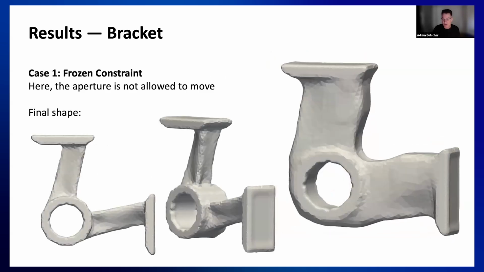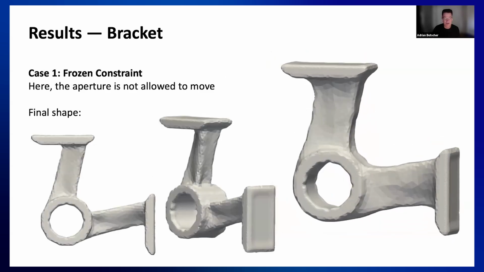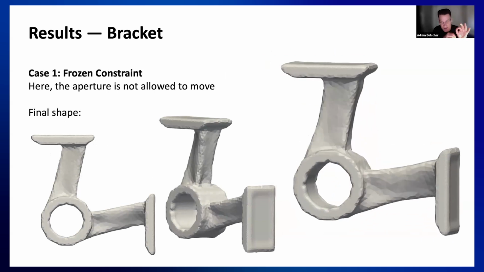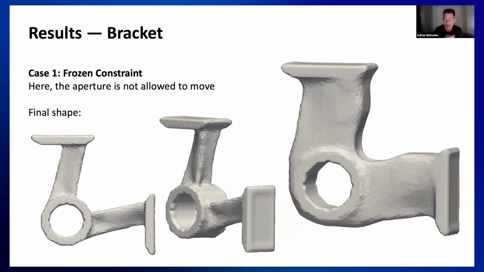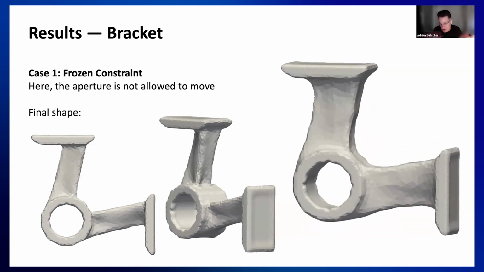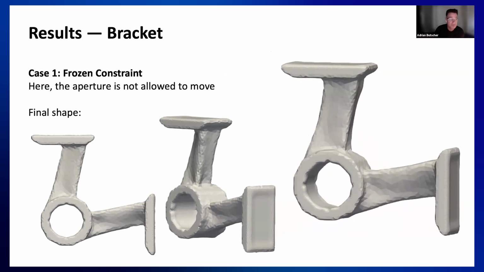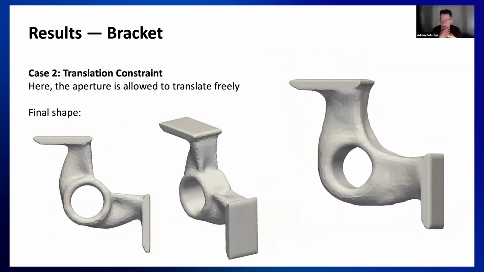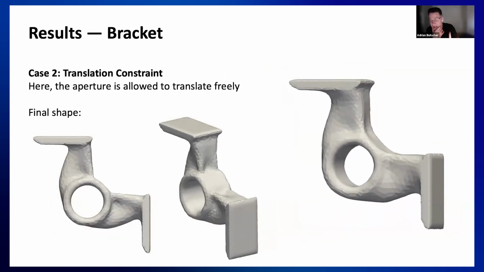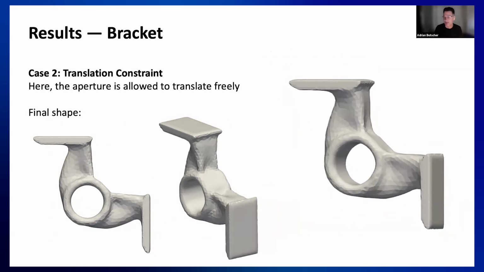So here is a topology optimization result showing you the various iterations, and in this first case, just to set the stage, we're not allowing that interface region to move at all. Zero motion there. That, of course, preserves circularity because nothing's happening at all. But now let's do that again. This time we allow the translation to exist and be non-zero.